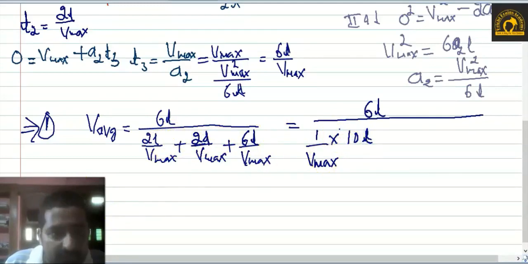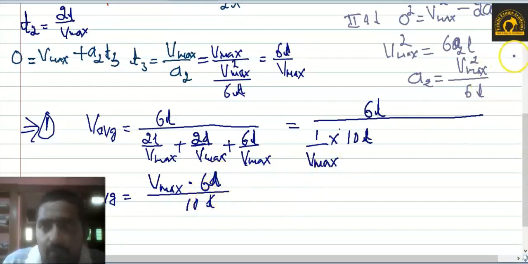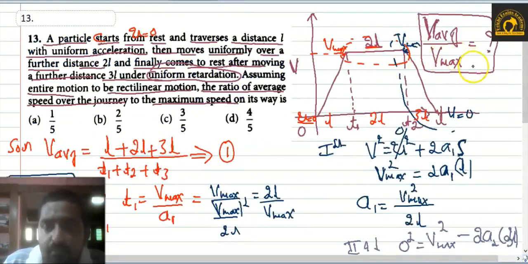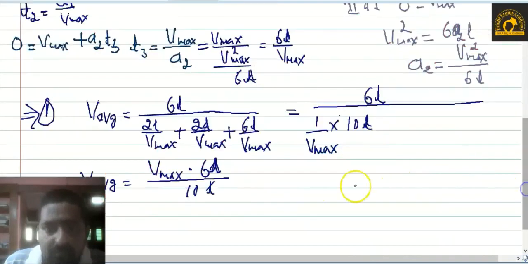So V average is equal to V maximum into 6L divided by 10L. Now L and L get cancelled. The problem asks for V average divided by V maximum.